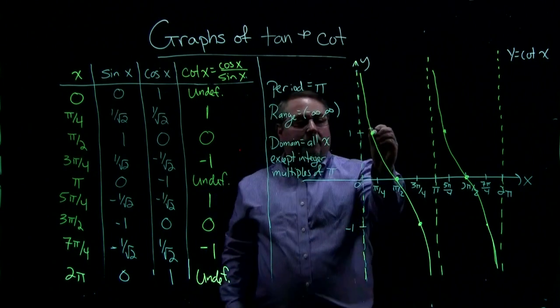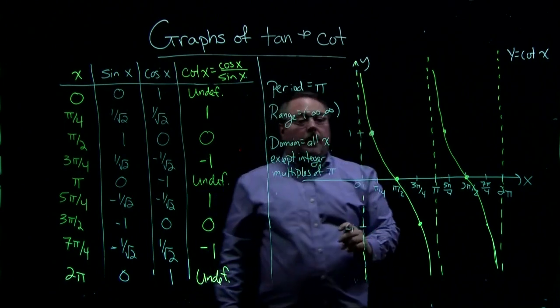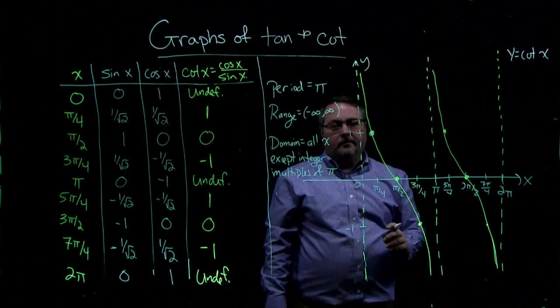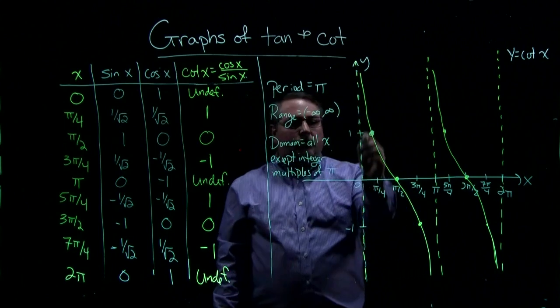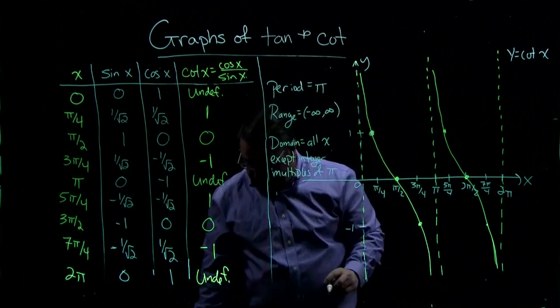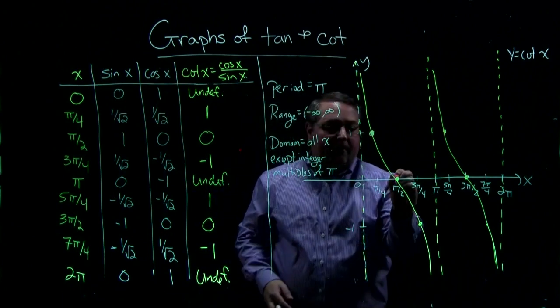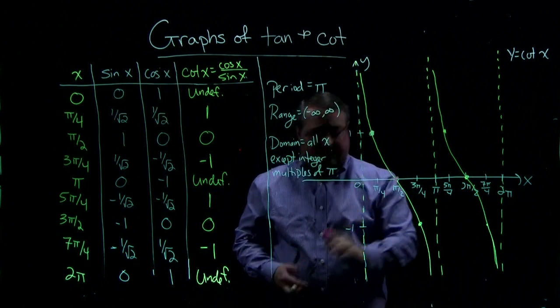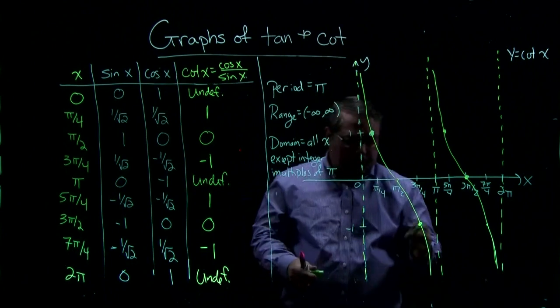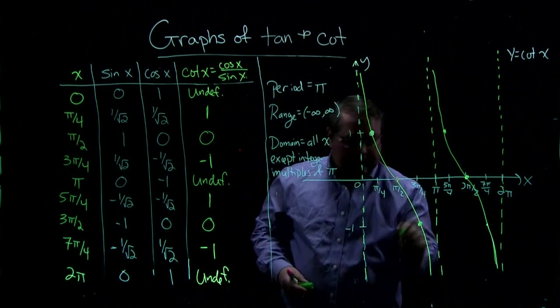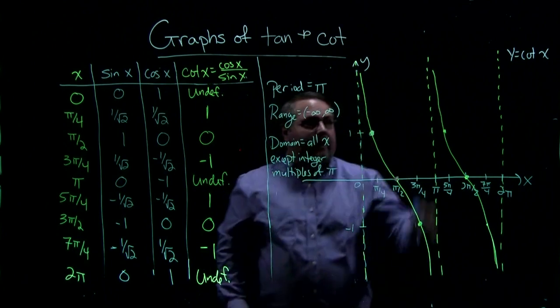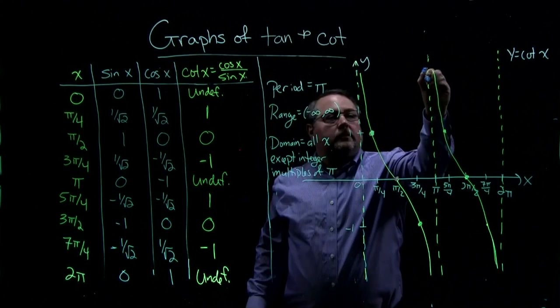And then we're going to have a point at, in this case, y equals 1, x equals pi over 4. We're going to have a y-intercept, and then we're going to have another point, and then finally we're going to have another vertical asymptote.